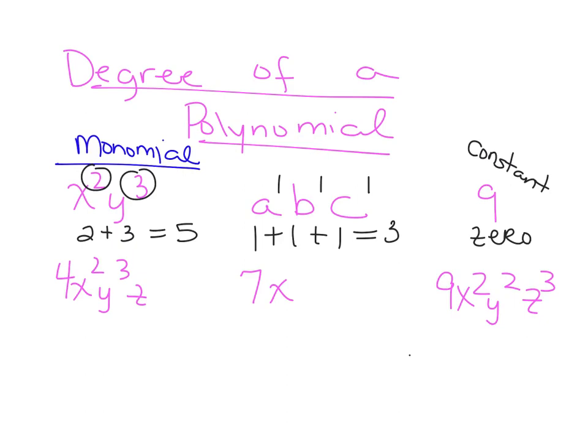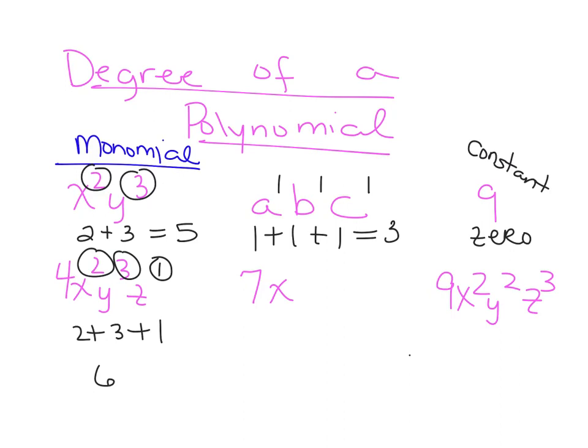All right, moving on to the third monomial, 4x squared y cubed z. You have to be very careful here. A lot of people would say, oh, 2 plus 3 is 5. But there's that imaginary 1 on the z you can't forget. So we have 2 plus 3 plus 1. So the degree of that monomial is 6. Okay, what about 7x?